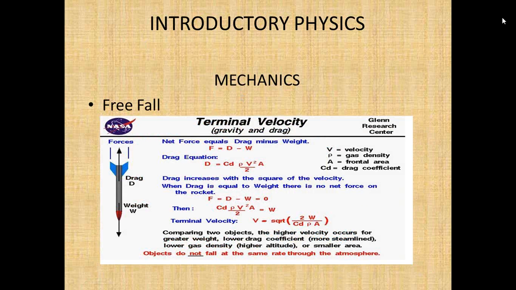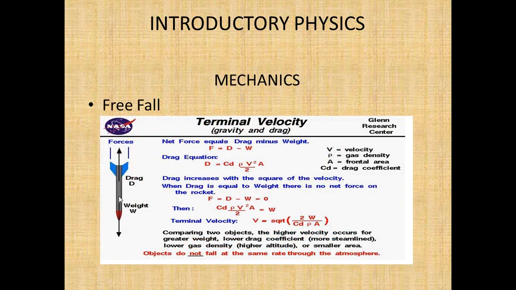Okay. This is just to give you a slightly more accurate perspective of free fall. What I showed you is a very simplistic approach to free fall. But if you look at free fall in a little bit more detail, say you have a rocket which is falling to Earth.